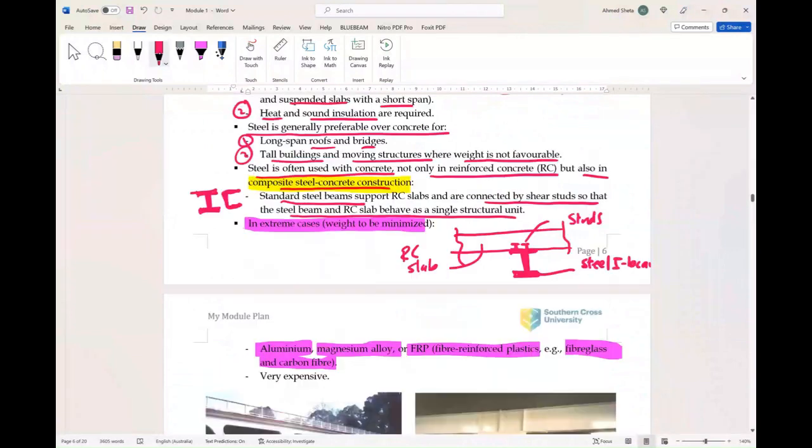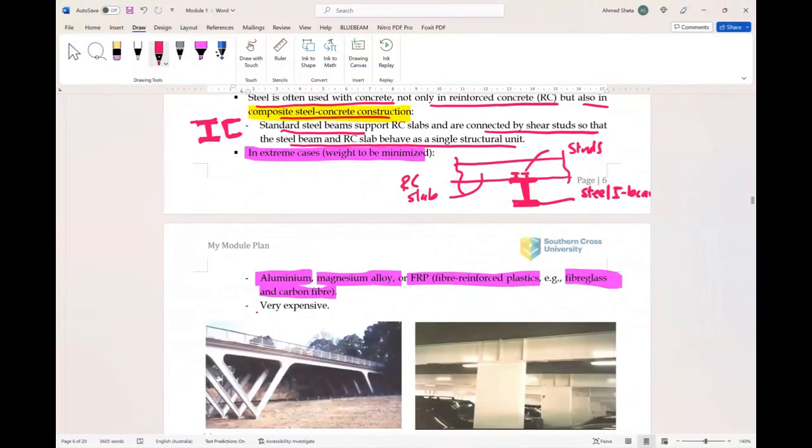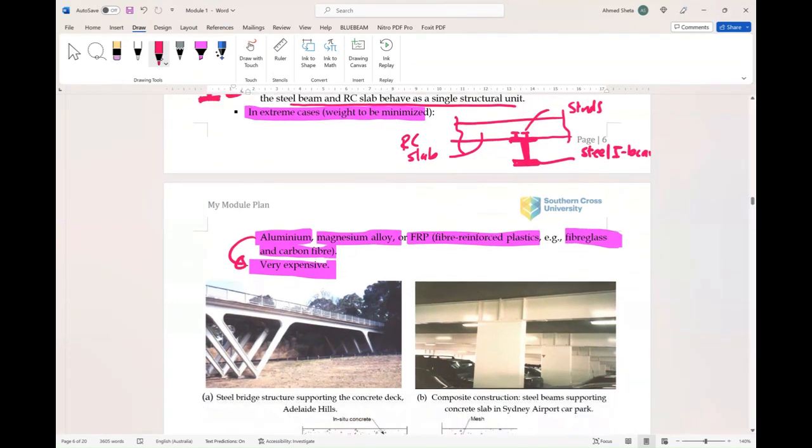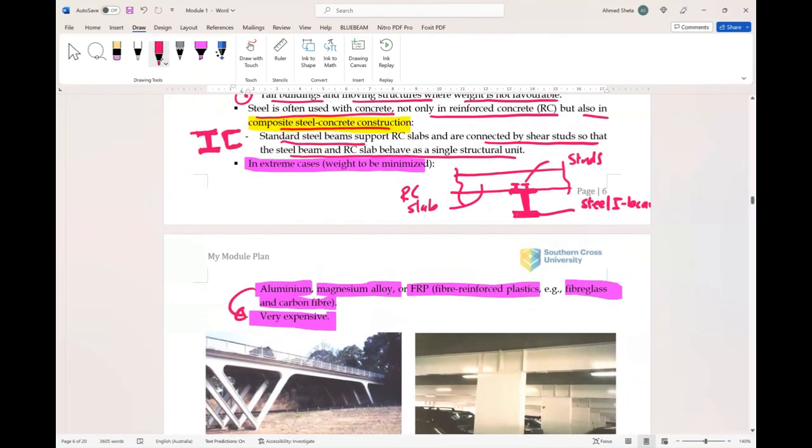The last point in this comparison is that this solution is very expensive. So using aluminum and magnesium alloy and FRP is expensive, and needs to be used only in extreme cases.